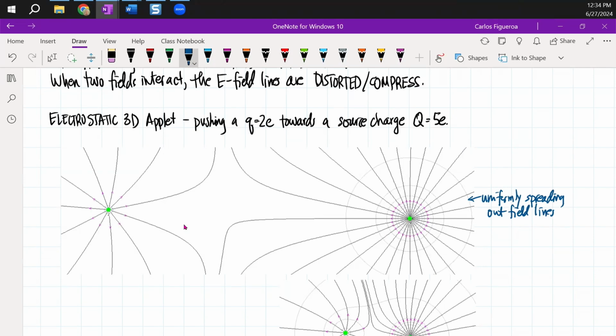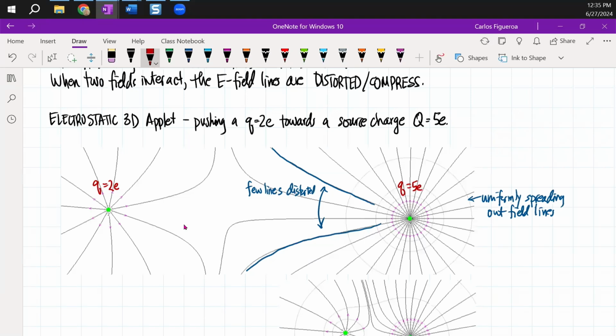If I look at this line right here, you could see that there's a small distortion. And then you'll see here that there's another distorted line here. So the range of distorted lines is between here and here. So you're seeing that there are a few lines distorted by this charge of 2. I probably should have written this. This is the charge equal to 2e. This is the charge equal to 5e.